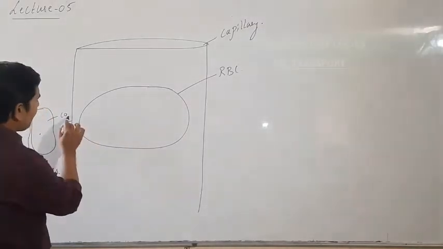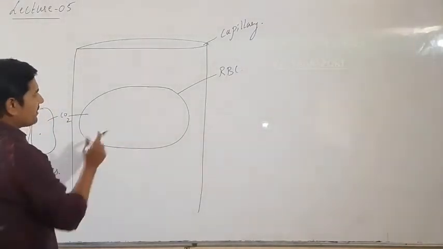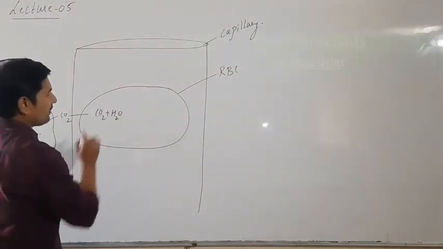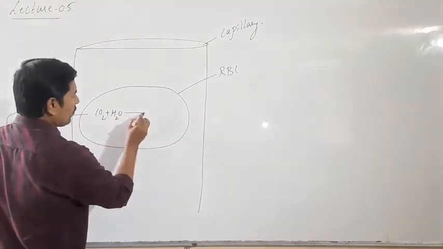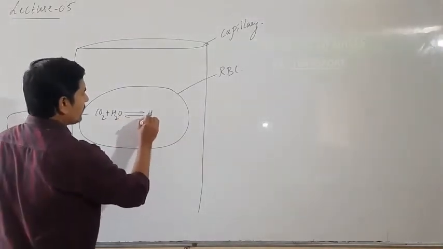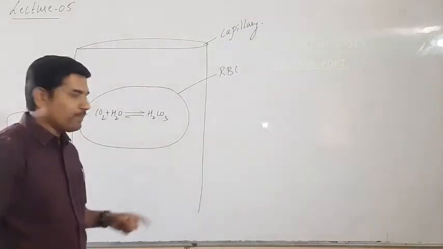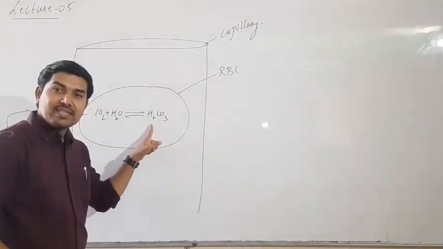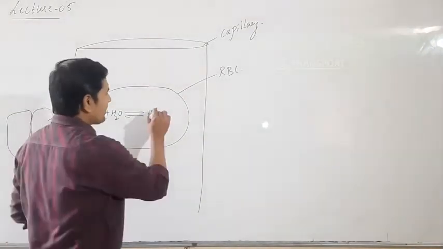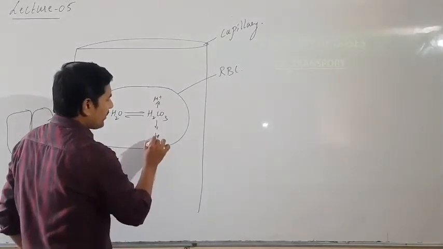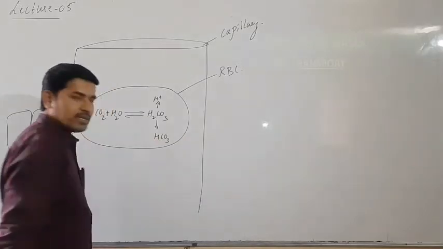This carbon dioxide will enter into the RBCs. CO2 combines with water to form into H2CO3, carbonic acid. This carbonic acid, as it is unstable, dissociates into H plus and HCO3 minus ions.